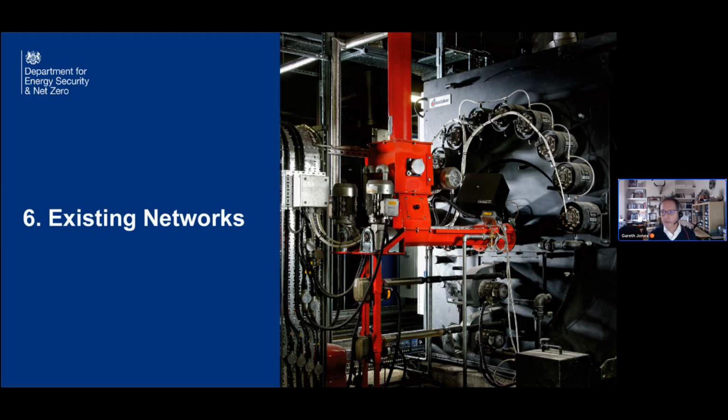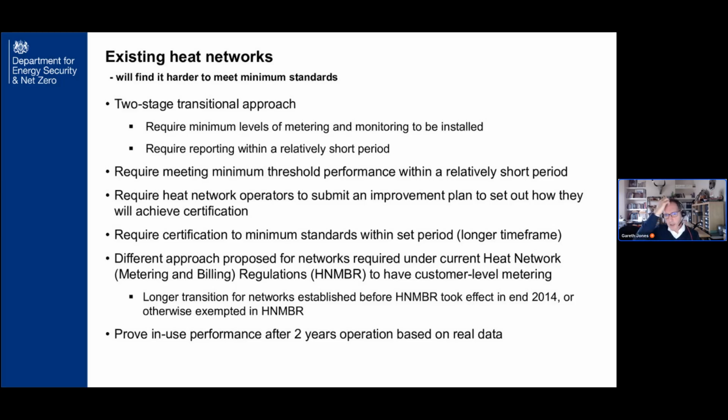Existing networks, and I realize I'm going through this at a canter, but there's appreciation that existing heat networks will find it a lot harder to meet minimum standards, particularly at the outset. So we've got a 2-stage transitional approach. At the start, we're going to require minimum levels of metering and monitoring to be installed, so there's visibility on performance, and we'll require reporting within a relatively short period of time.